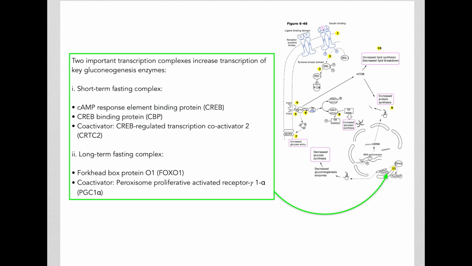These two transcription complexes will increase the copying of the DNA in the nucleus into mRNA, and that increase in mRNA will lead to an increase in gluconeogenesis enzymes, and there will be increased gluconeogenesis.